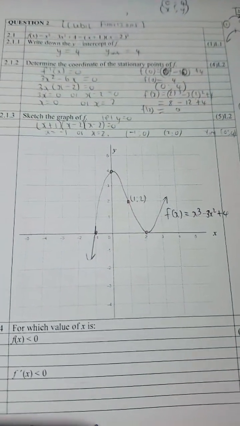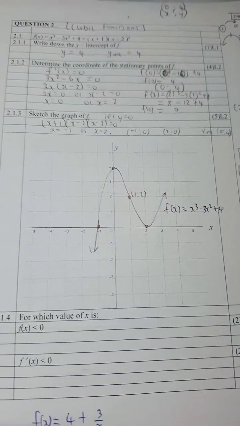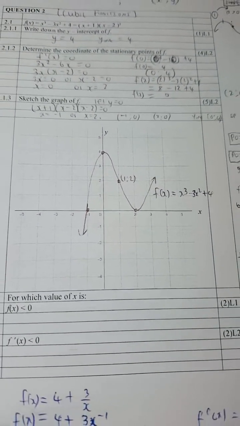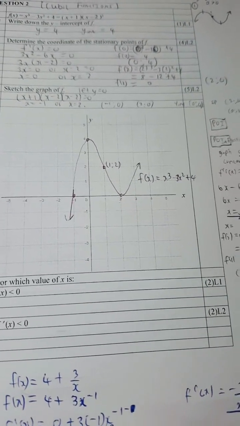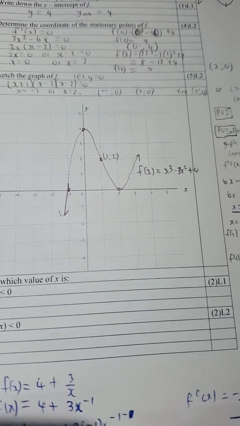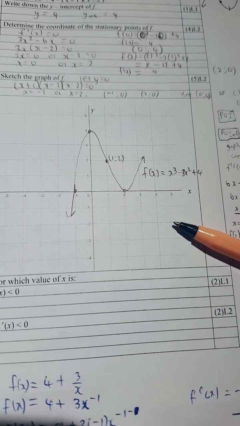Now, I understand that in exams nowadays, they're becoming a bit more creative around sketching of functions. And I think what I'm going to do in a subsequent live session that I do with the grade 12s, I will expose you guys to the other alternative ways in which how to sketch a function can be asked.